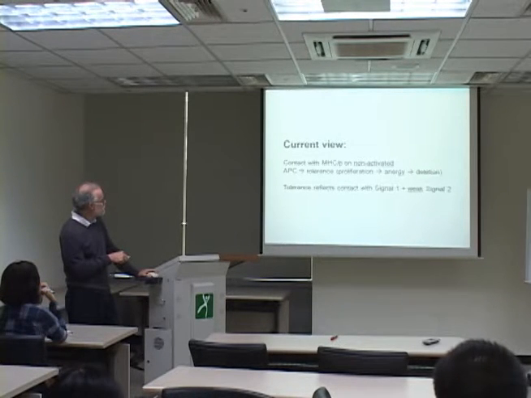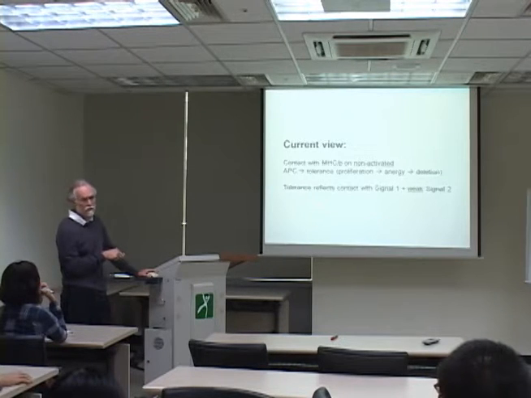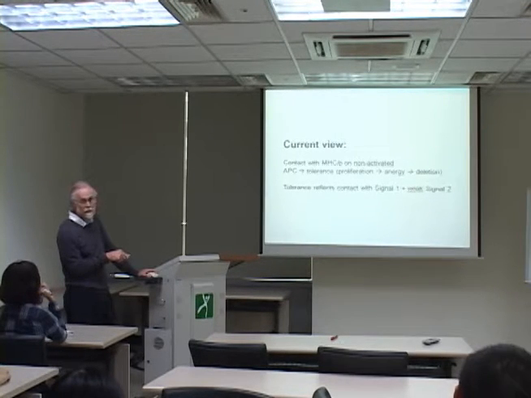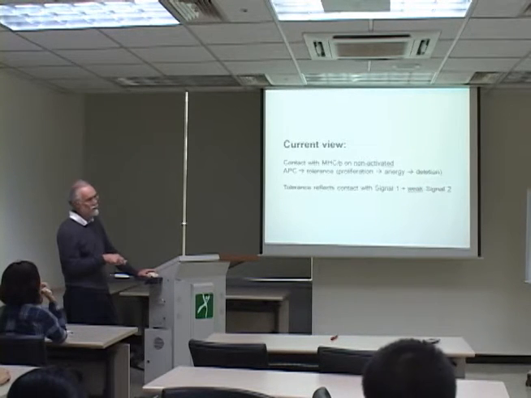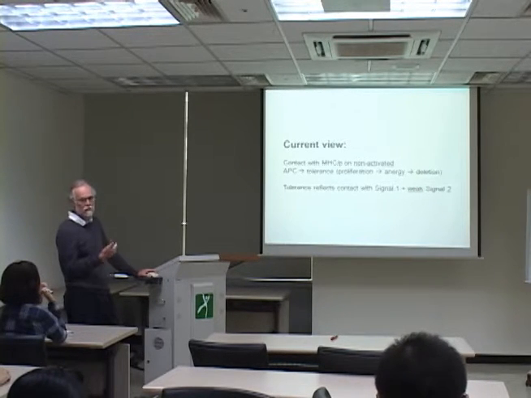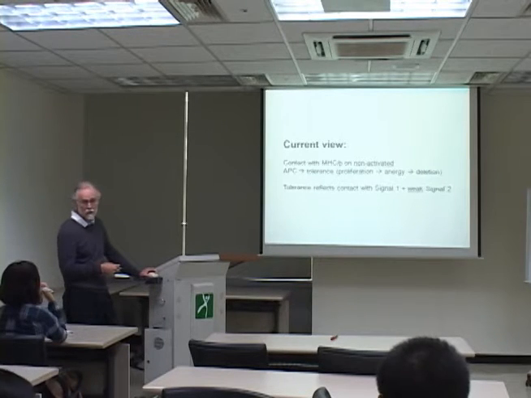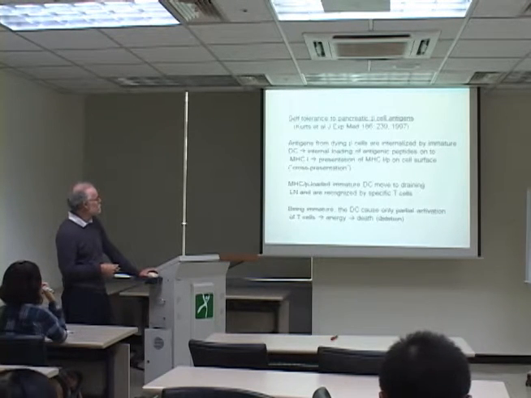So the current view is that when you do see tolerance developing in an immune response, it is not signal 1 alone that the cells are seeing, it's signal 1 together with a weak signal 2. That happens particularly if the APC has not been efficiently activated.